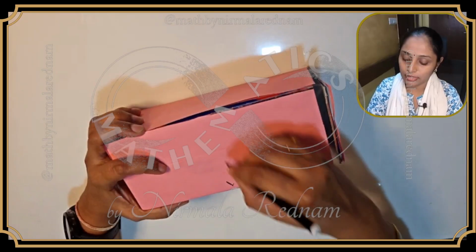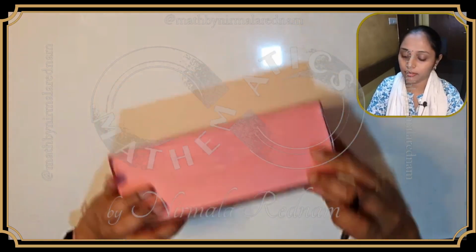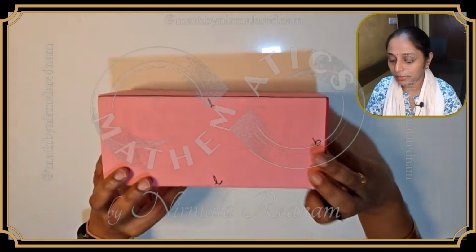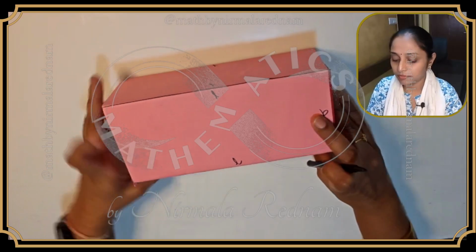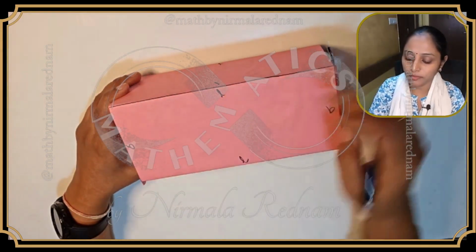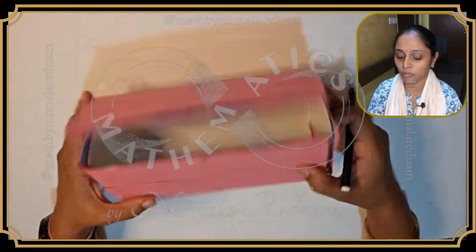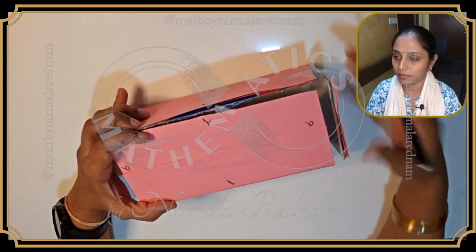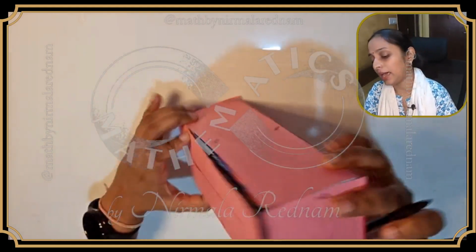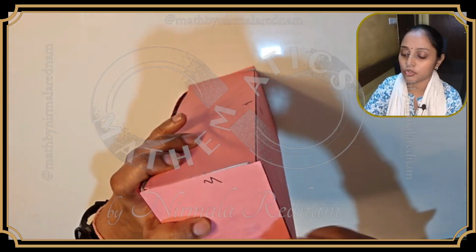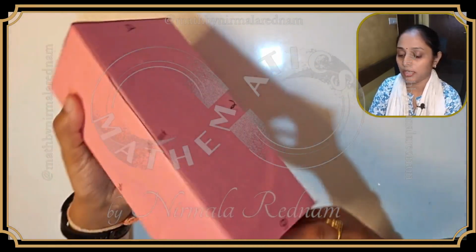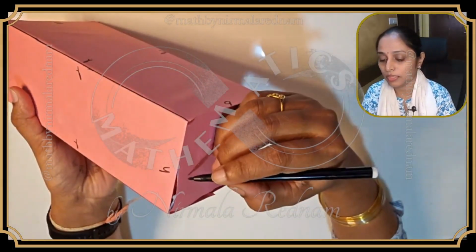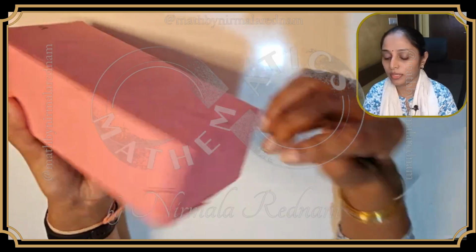So I have L here everywhere, and then if this is B, this is also B, and on the opposite side this is also B, right? And then I have this is H, so this is also H, and this happens to be H, this is also H. That's it.